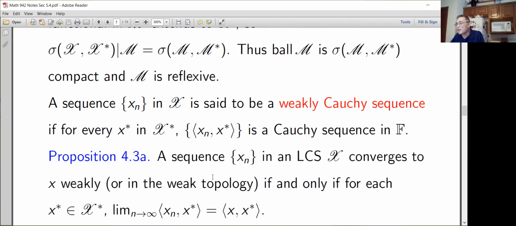So the sequence converges weakly means it converges in the weak topology. And this is true if and only if for each X star in X star, this sequence of scalars converges to this scalar.